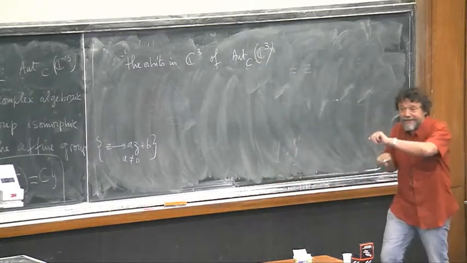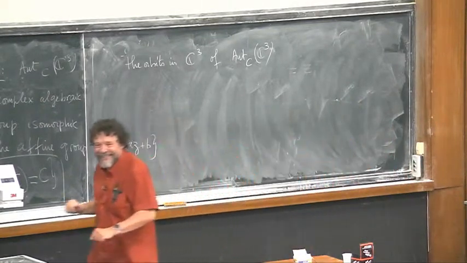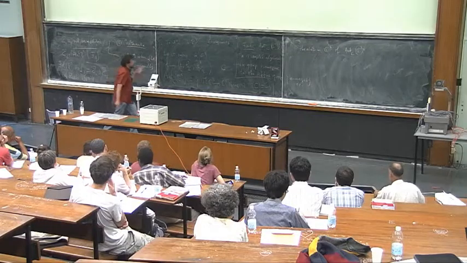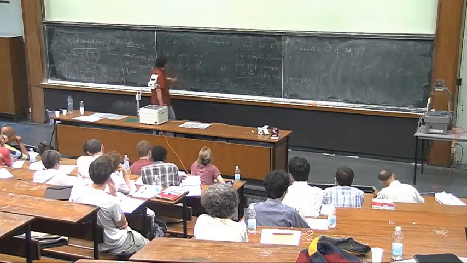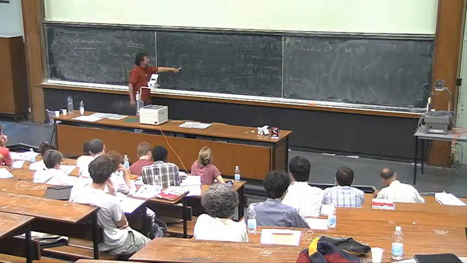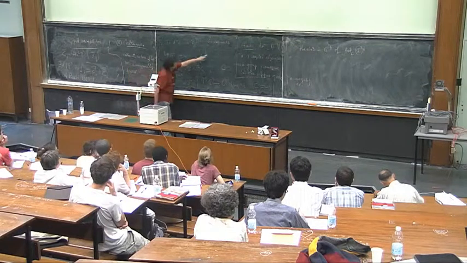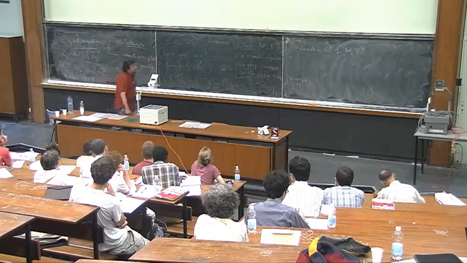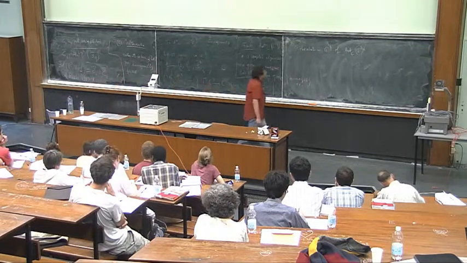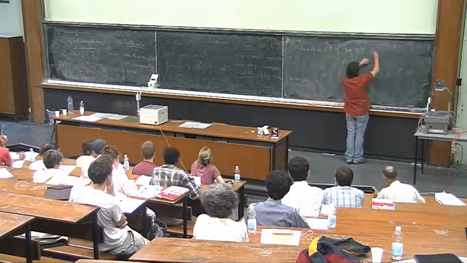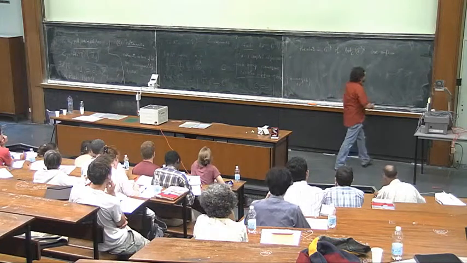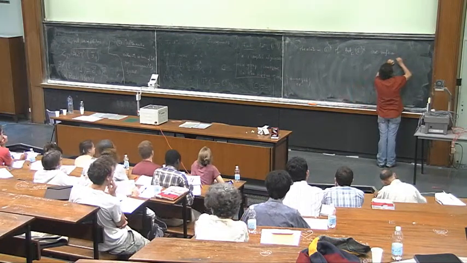The group is always isomorphic to that, the reason is essentially that this curve is isomorphic by an automorphism of C3 to a line. And the orbits are surfaces in C3. In fact, the cubic is something like this, you know.